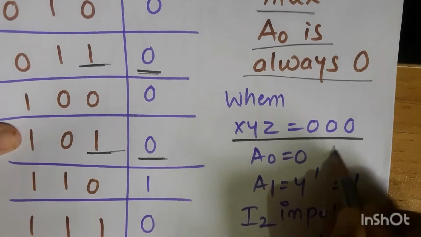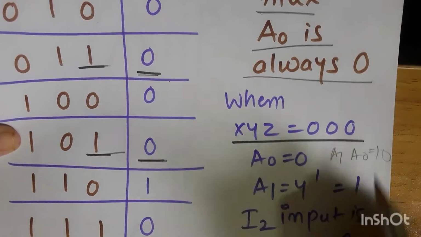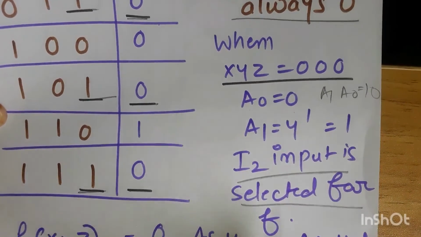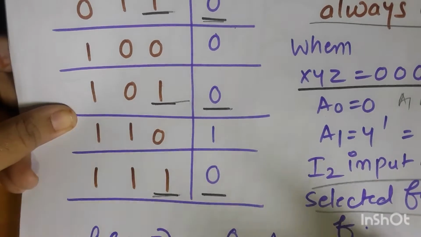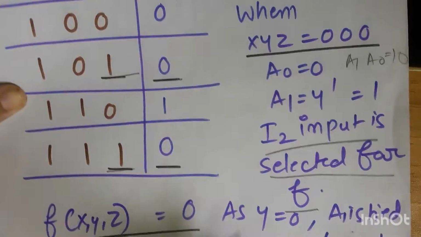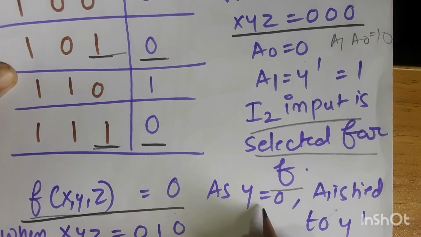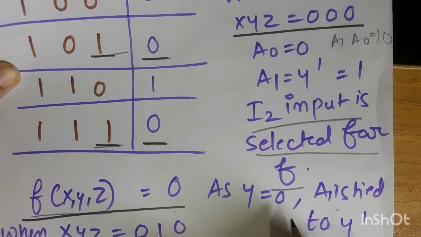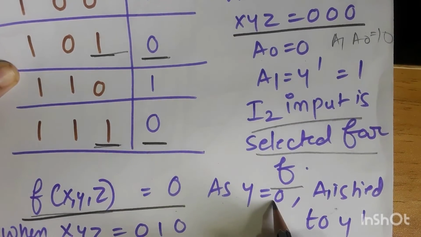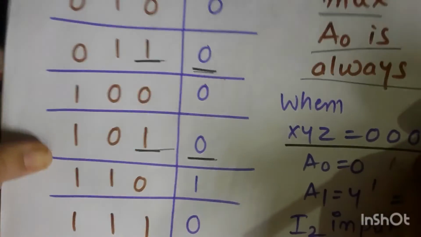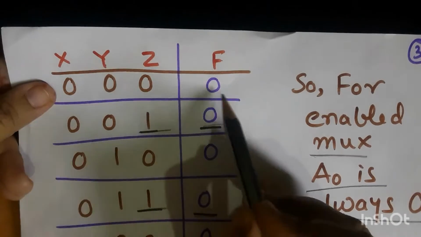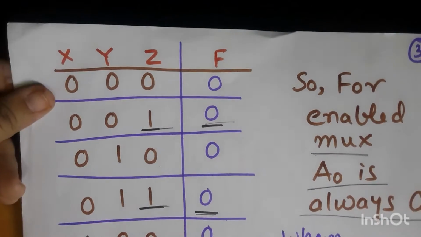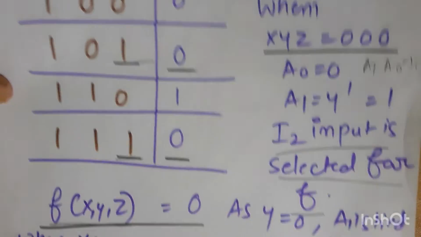So A1, A0 is 1, 0. So the I2 input is selected for function f. So f is equal to 0 as I2 is equal to y. So y is equal to 0, therefore the function is also equal to 0. So when xyz is 0, 0, 0, function is 0.